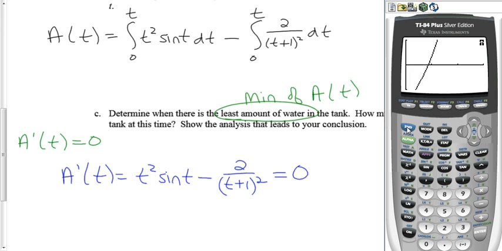So let's calculate it. So we need to find the 0, and we've got a left bound. Sorry, I'm at 1.5. I need to go backwards. So I have a left bound, I have a right bound, I have a guess, and I'm going to find my critical number here. Again, I'm a little paranoid.